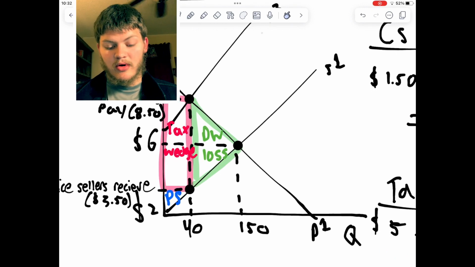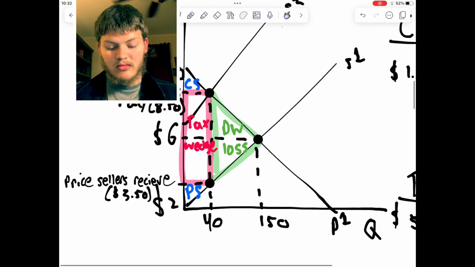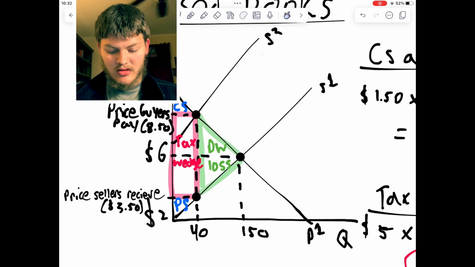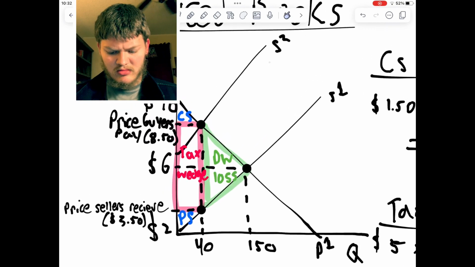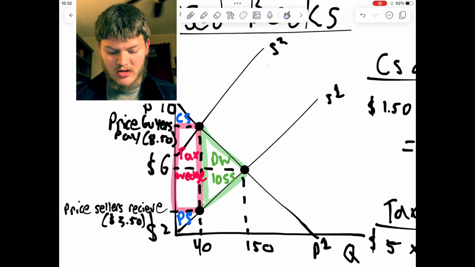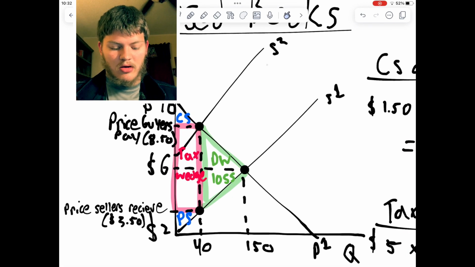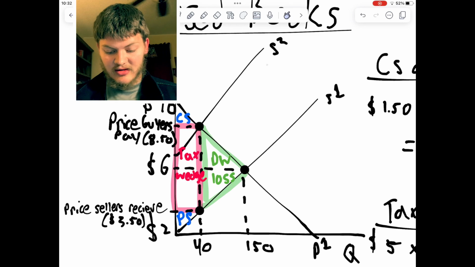It's below the price sellers receive and above the supply curve. And I actually labeled these opposite. Anyways, we're good.